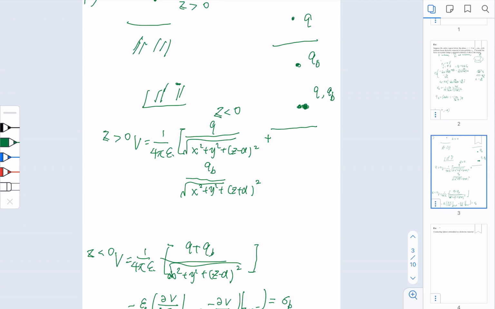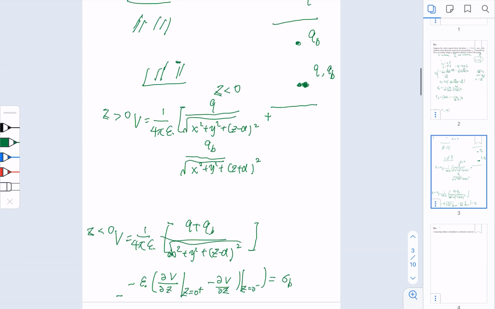And so this solution must be able to solve the problem on both sides. And also, magically, on the edge of this problem, it also satisfies the boundary condition. Then, if this is the case, this means that we have our problem solved.